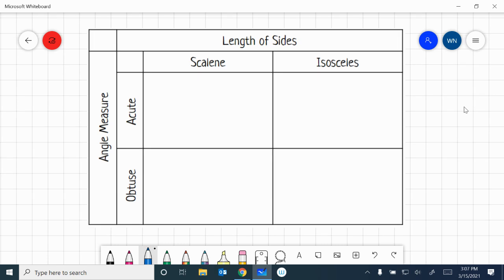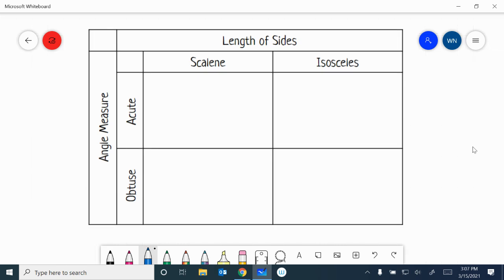All right, let's talk about length of sides, angle measurement, and we're going to fill in our diagram here. Let's do the first one together. We need a triangle that is acute and scalene. So when we're going to draw an acute and scalene triangle, we want to aim for one that all the angles are under 90 degrees, but none of the sides are the same.